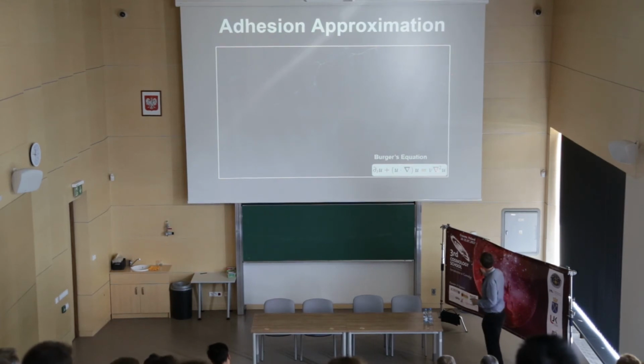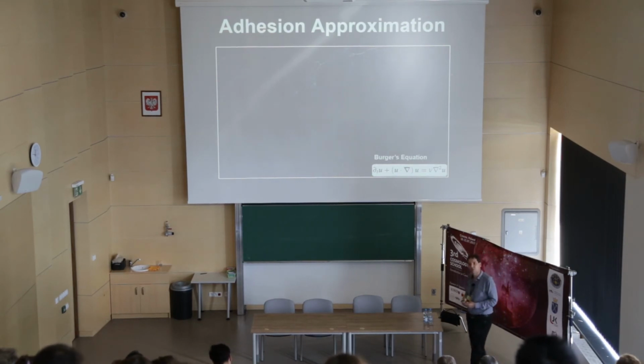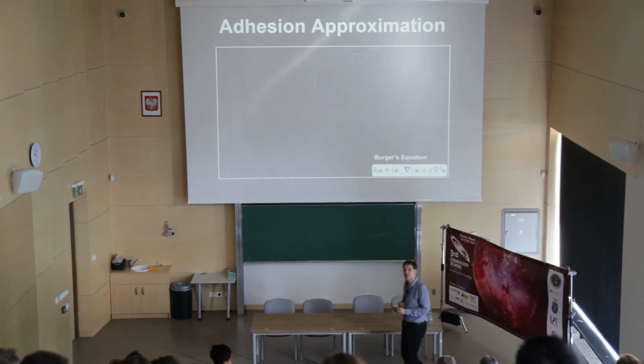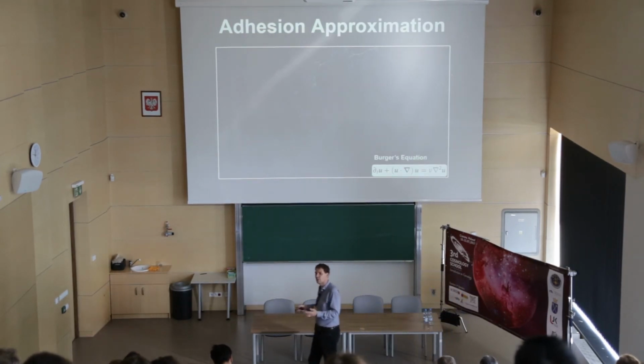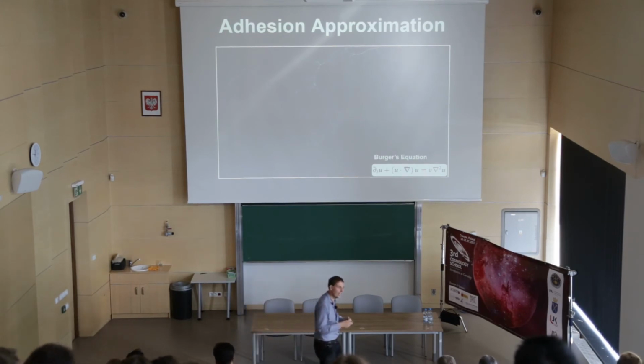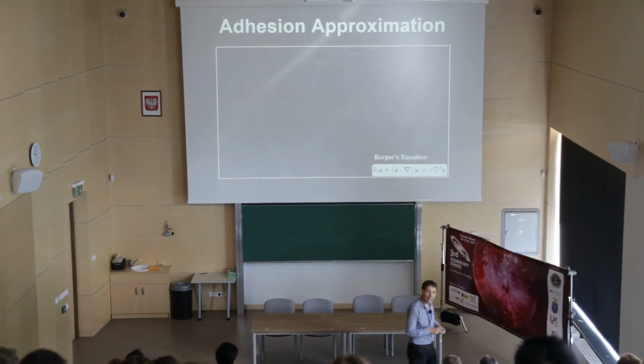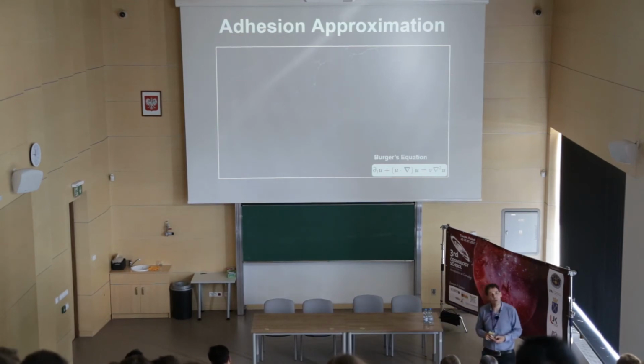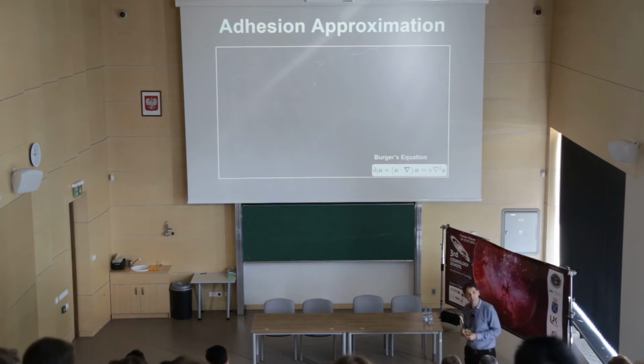We put in a term with a viscosity in there and a second order derivative of the velocity. I don't know whether you recognize it from, for example, hydrodynamics. You might think of the Navier-Stokes equation. Actually, this particular form even has a name, and it's called the Burgers equation, after the Dutch hydrodynamicist Burgers.